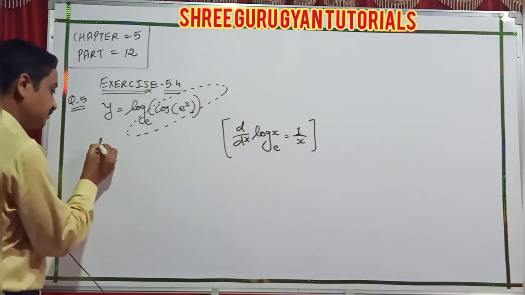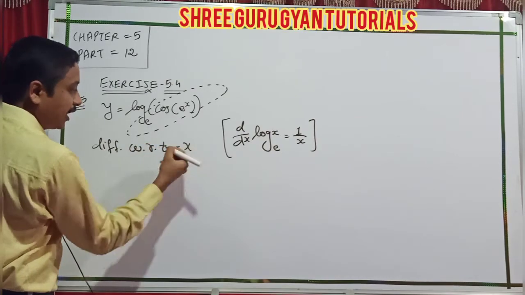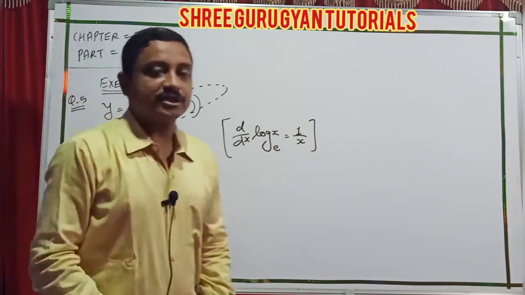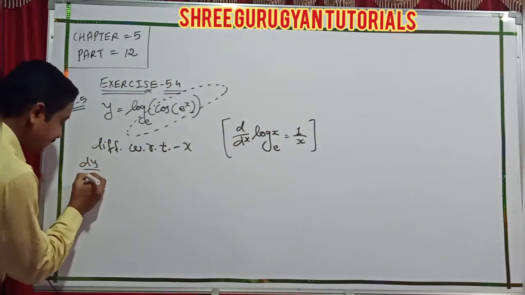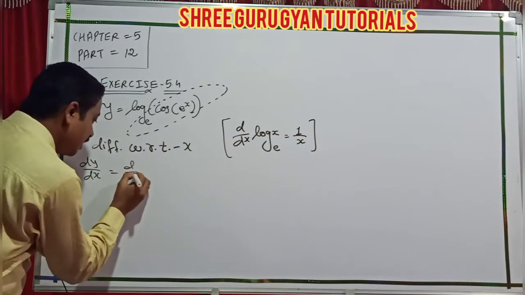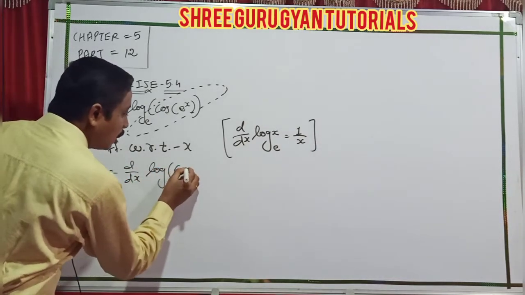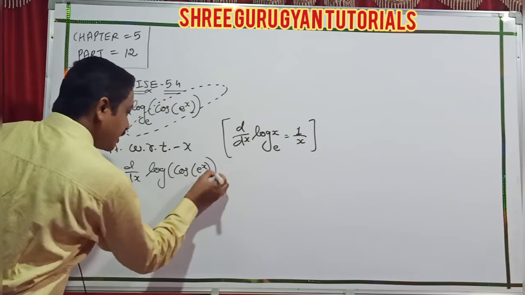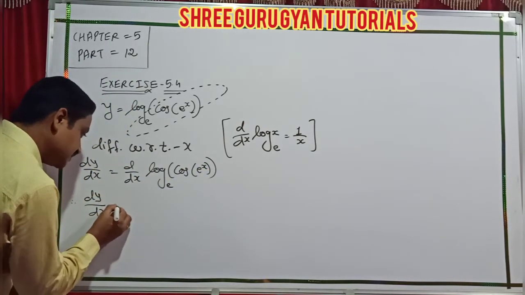So differentiation with respect to x, and start the derivative. dy/dx equals d/dx of log of cos of e raised to x, base e. Now students, this dy/dx stays as it is.